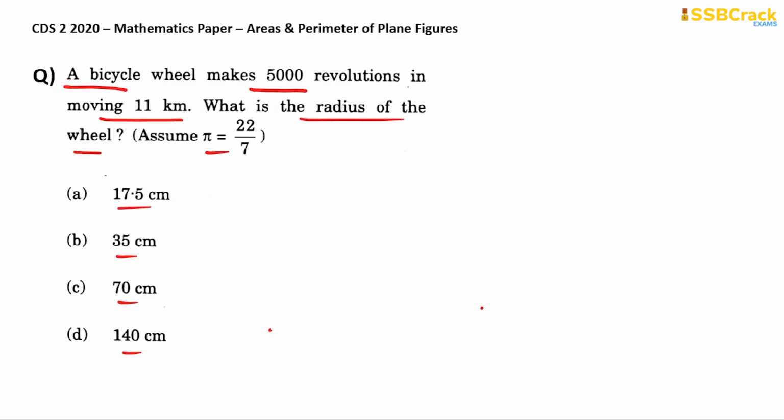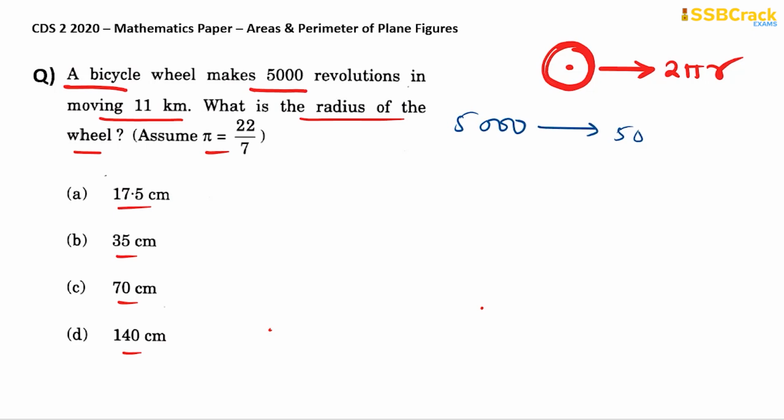We have to determine that. For that, you should know the fact that the wheel is circular in shape, and in one rotation of the wheel, the distance covered by the wheel is nothing but the circumference of that wheel. Now the wheel is rotating 5,000 times. So for 5,000 times, the distance covered will be 5,000 times this 2πr.